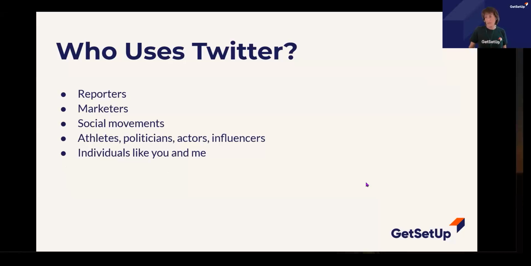So who's on Twitter other than your brother-in-law? A lot of reporting agencies use Twitter, marketers, and social movements also use Twitter. For folks who remember the Arab Spring, that was one of the first social movements that actually used Twitter.